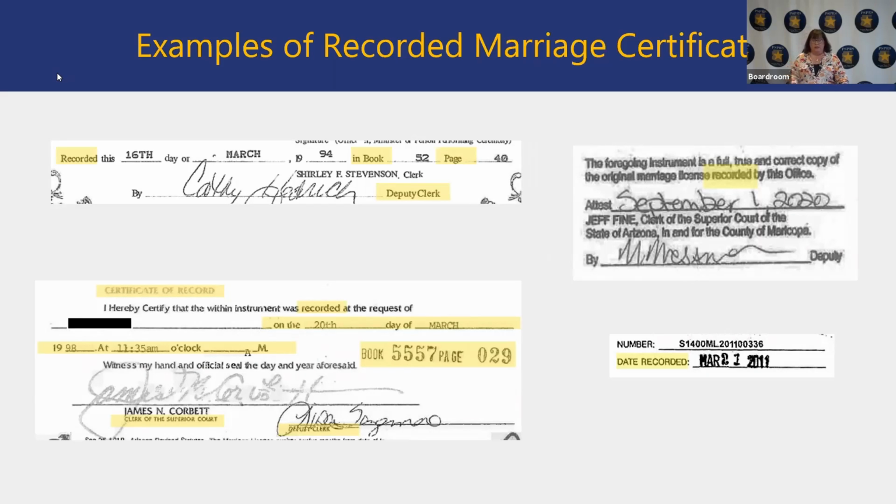As you can see, it notes somewhere on a marriage license that it's recorded, and it's either a book and page or it's signed by the deputy clerk. It's either a stamp potentially on the back of the document. There's a variety of ways, but somewhere it has to note that it was recorded by the county which originally issued it.